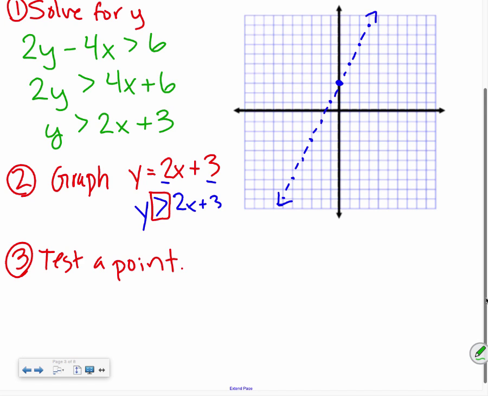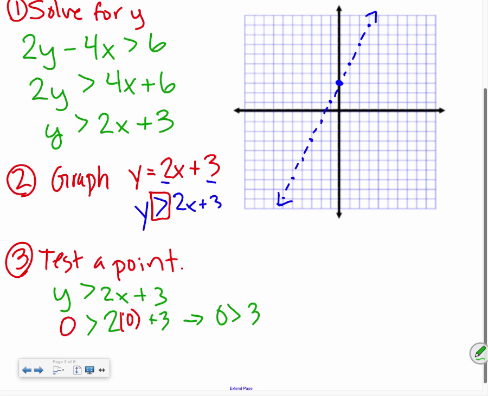So I say I have my y is greater than 2x plus 3. If I plug 0 in, it becomes 0 is greater than 2 times 0 plus 3, which then becomes 0 is greater than 3.